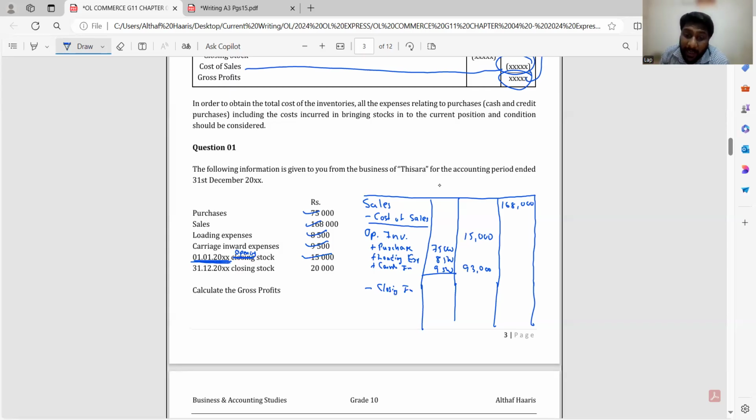Out of that, at the end of the month or end of the year, you have only 20,000 worth of goods. So what has happened to the 88,000 worth of goods, people? 15,000 plus 93,000, 108. 108 minus 20, 88. So I'll write it here.